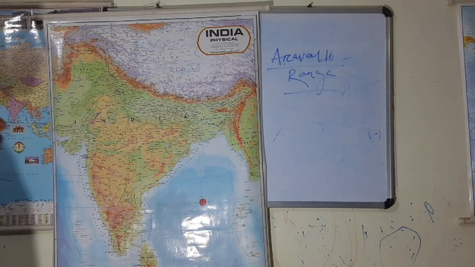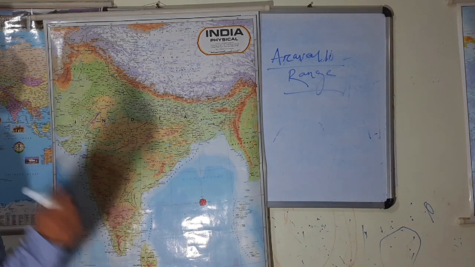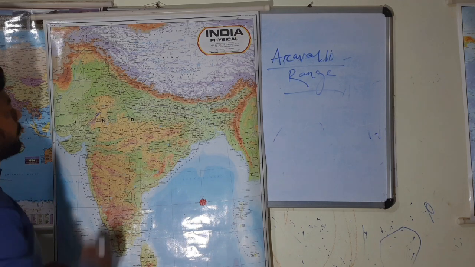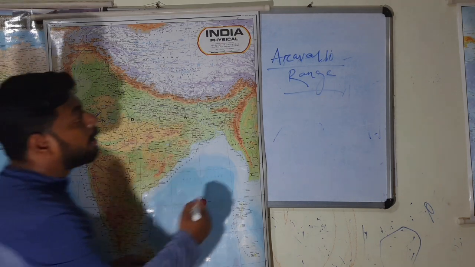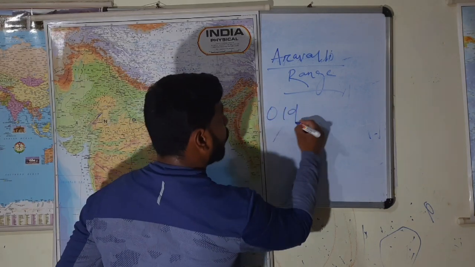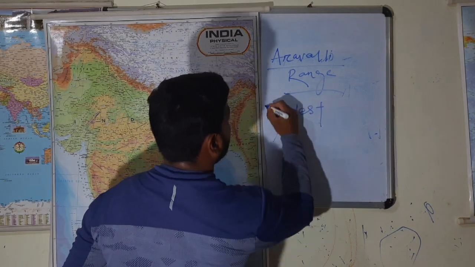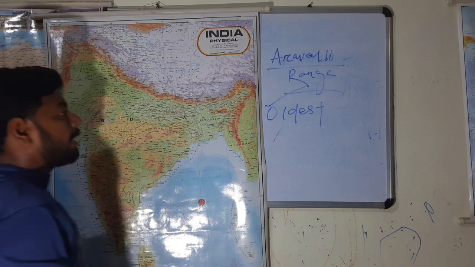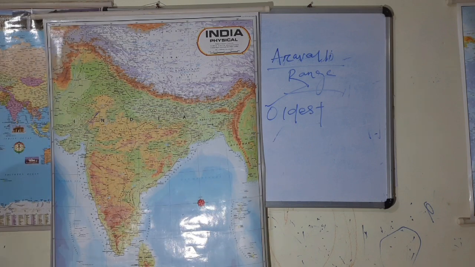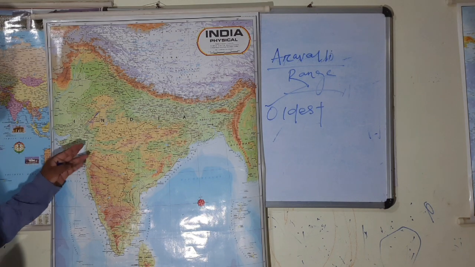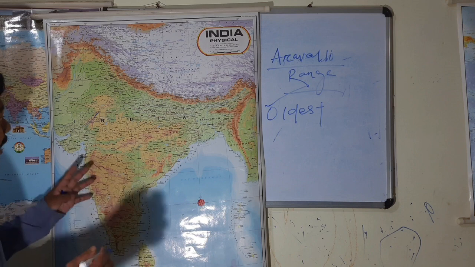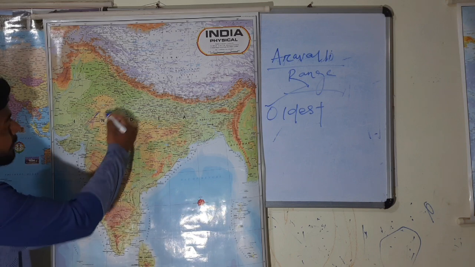Next, another one is called the Aravali range. Aravali range is the oldest range in the entire world, not only in India. It mainly extends from the northern part of Gujarat and is mainly spread in Rajasthan.